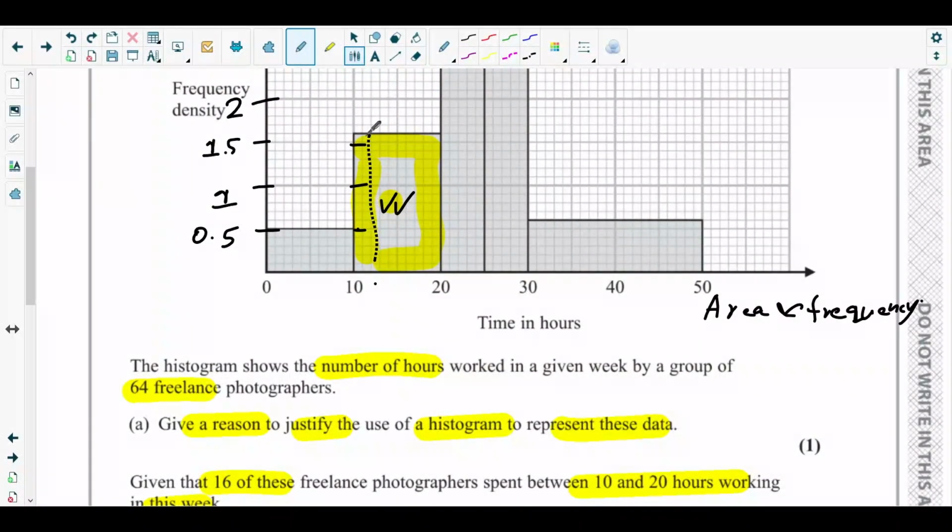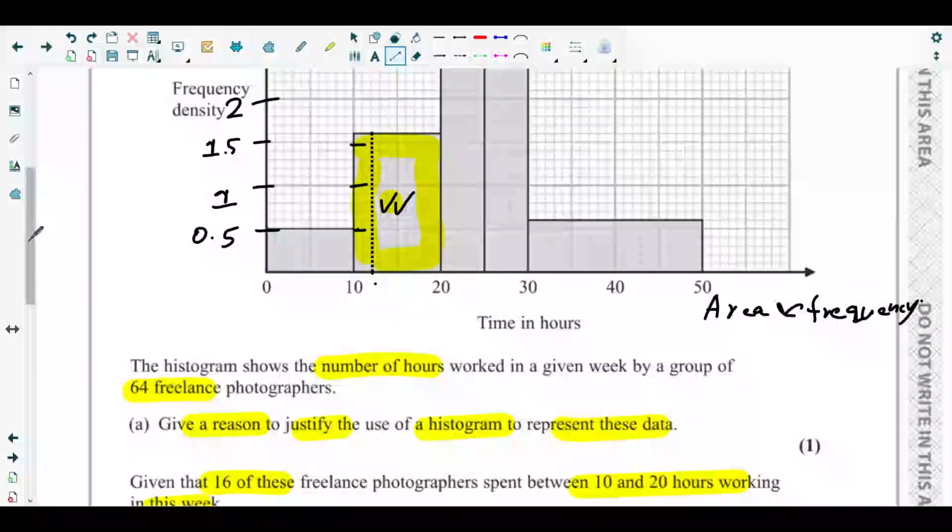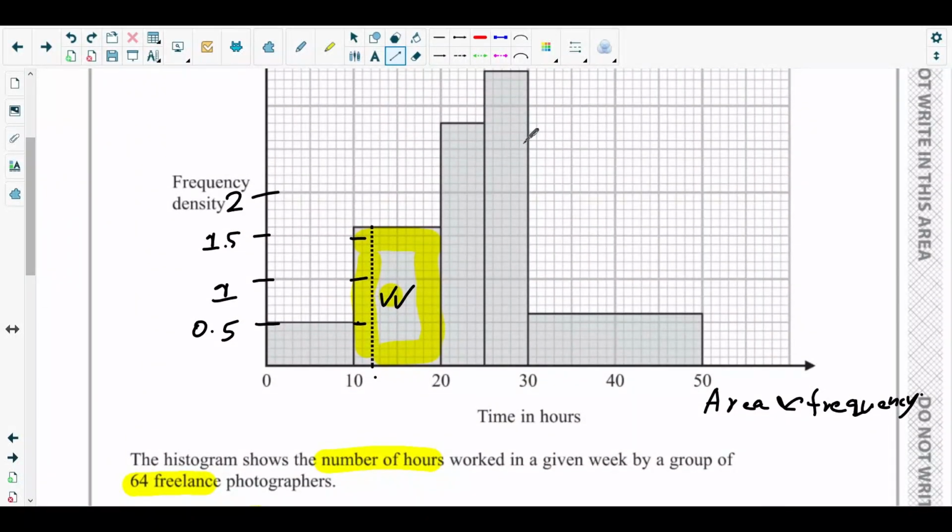Here you go, 12 is there. And where is 24? 20, 21, 22, 23, 24 is there. So we need the area between these two dotted vertical lines.